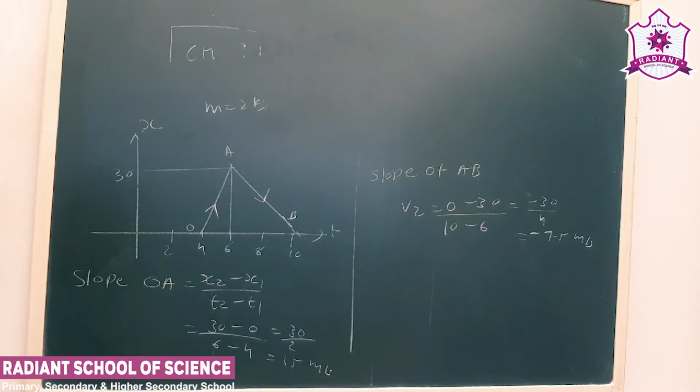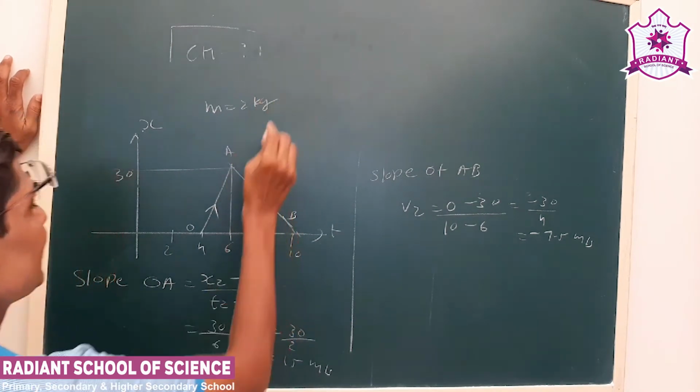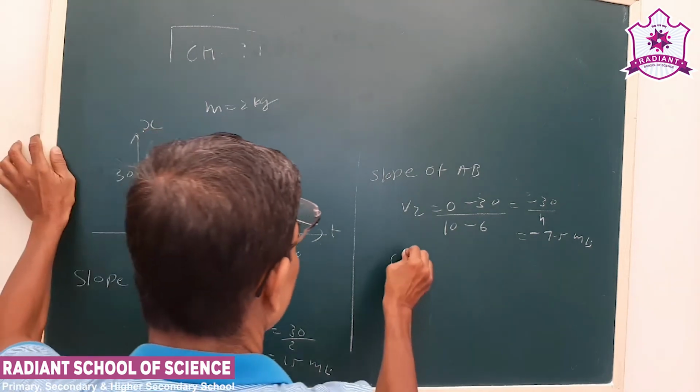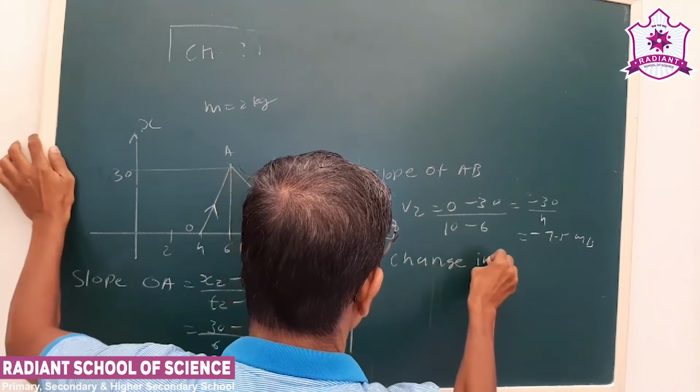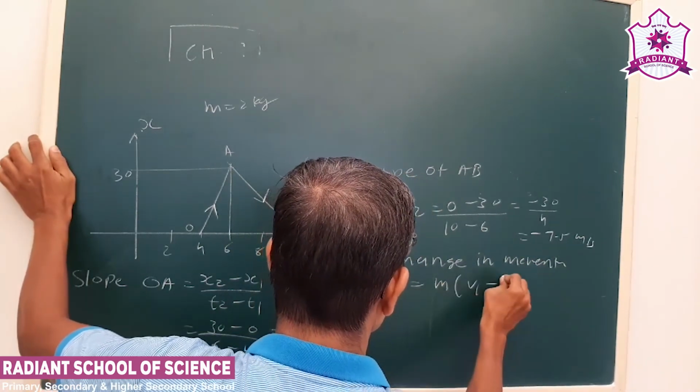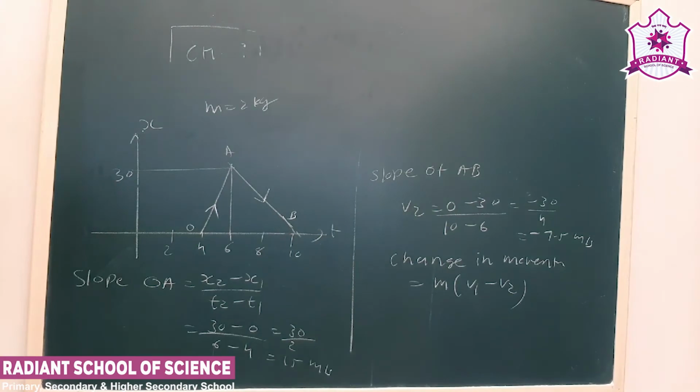Okay, now here mass is given as 2 kg. We have to calculate the change in momentum. Okay, so mass is 2 kg.